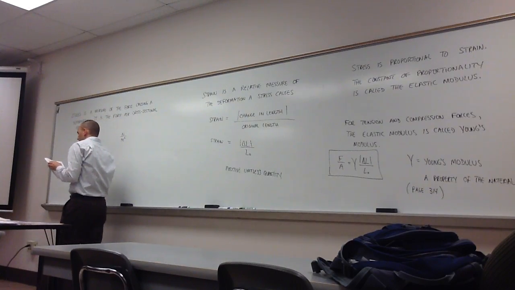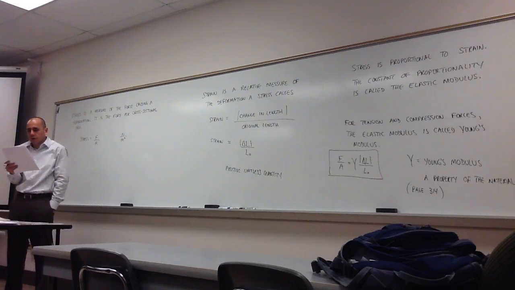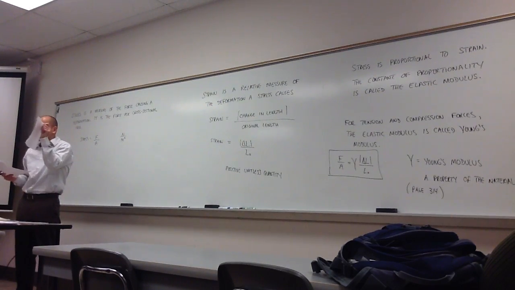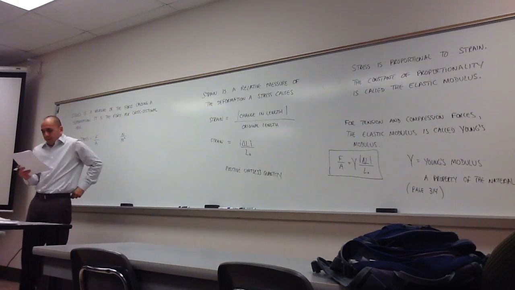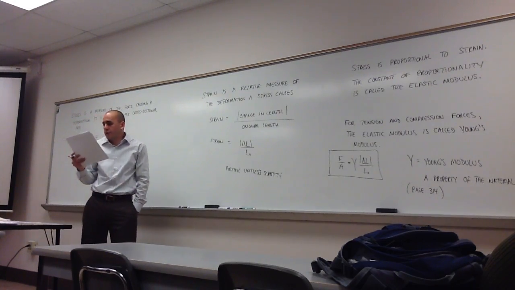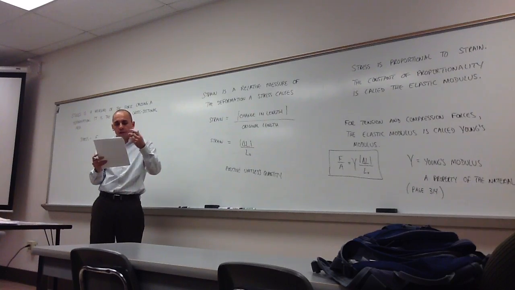If you have your books, open up to that table on page 314, just so you can see what it looks like. This is another one of the tables that I will give to you, on the sheet with all your constants for the exam. Most of them are on the order of 10 to the 9 or 10 to the 10th. They give you different materials, brass, copper, aluminum.